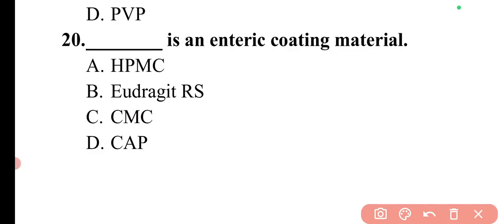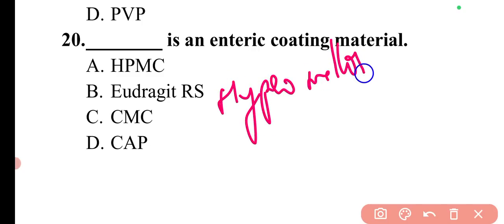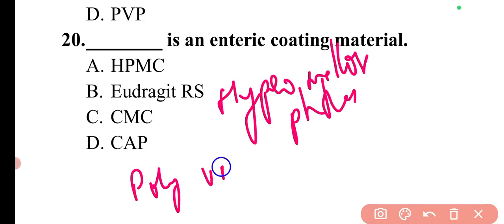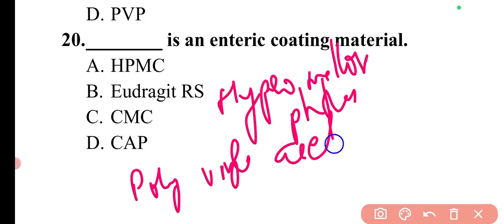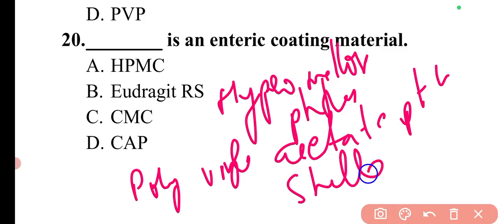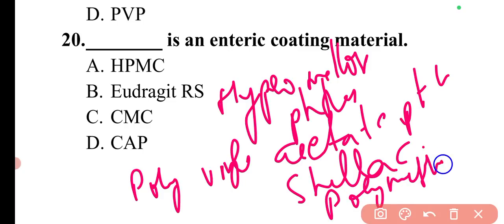Apart from this, there is hypromellose phthalate, polyvinyl acetate phthalate, or shellac. Shellac is also an enteric polymer, or there are polymethacrylates. So these are also enteric materials.